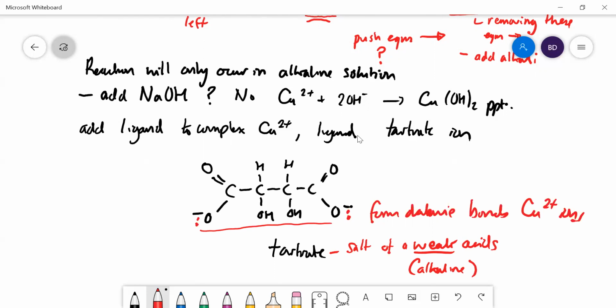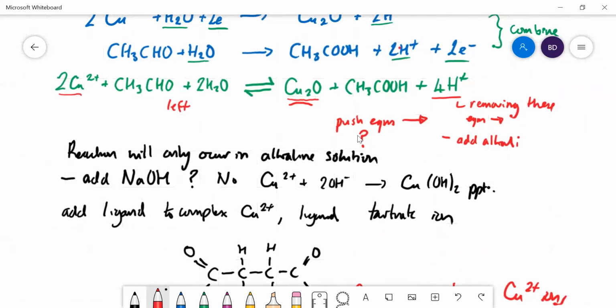Okay, so that's how you keep the solution alkaline, and you stop the copper 2 plus ions precipitating out. You've got to keep the solution alkaline to push the equilibrium forward to use up those H plus ions.